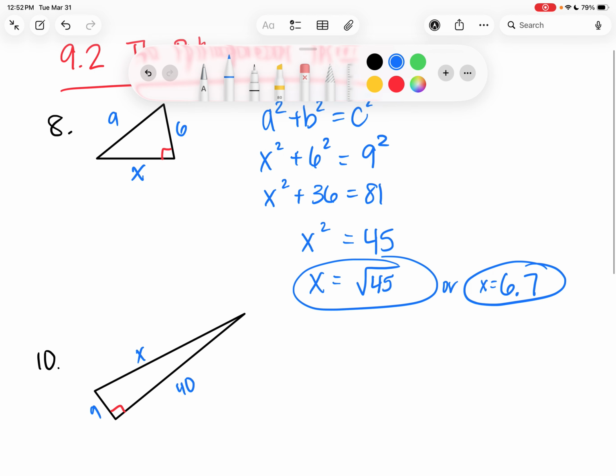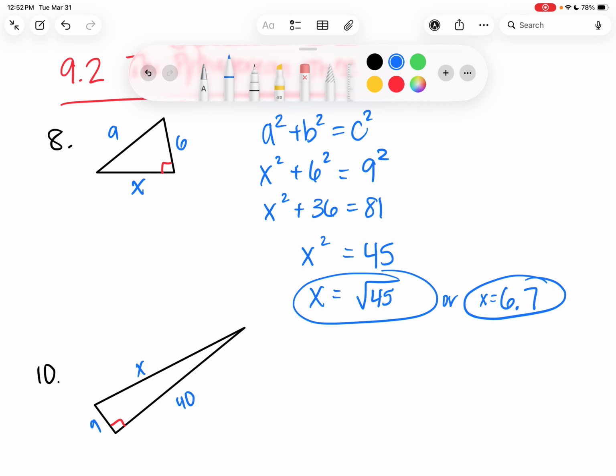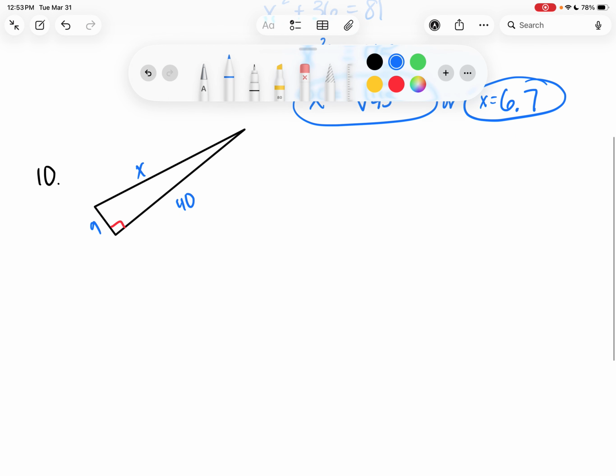I guess I should have asked on this one, was this a Pythagorean triple? No. If it's not a perfect square, it's not a Pythagorean triple. Oh, that's easy to remember.